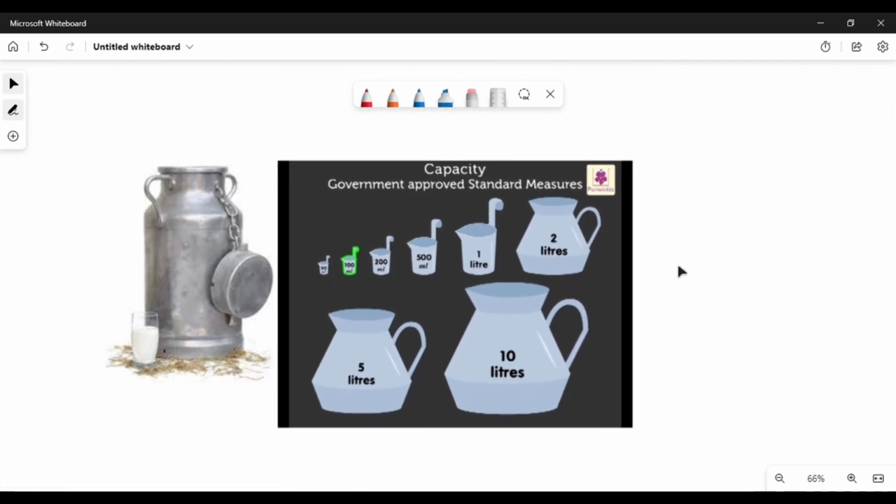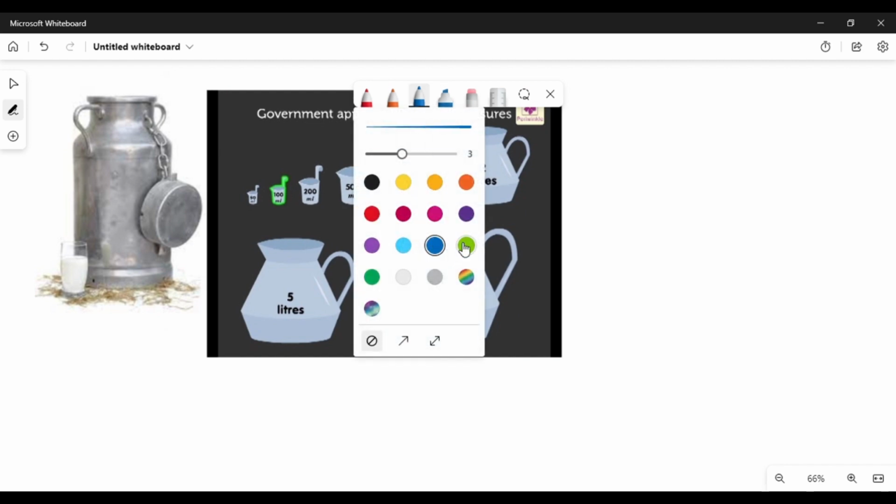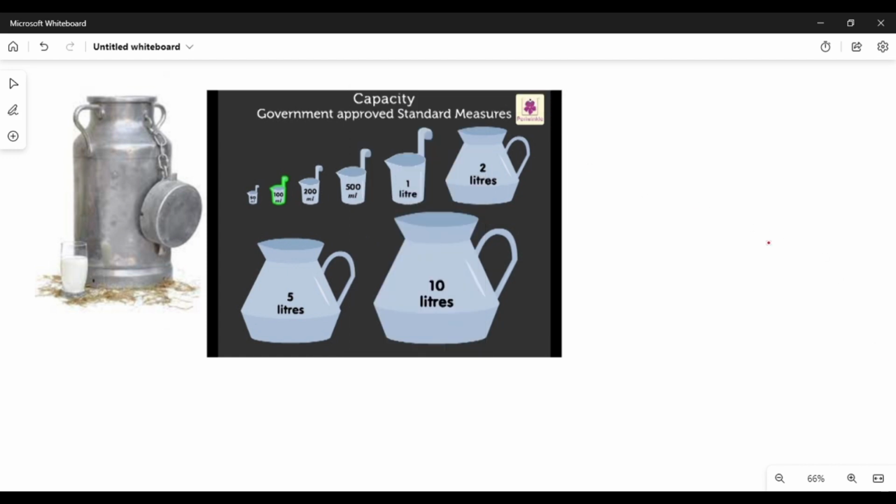Now here I have taken the example of a milk container which contains 30 liters of milk, and two friends are there, Aman and Deep. Again they are tired after running a distance of 15 kilometers and they want to drink milk.